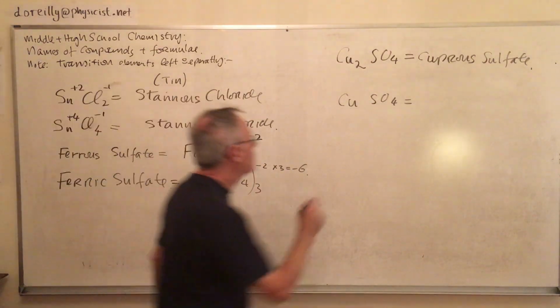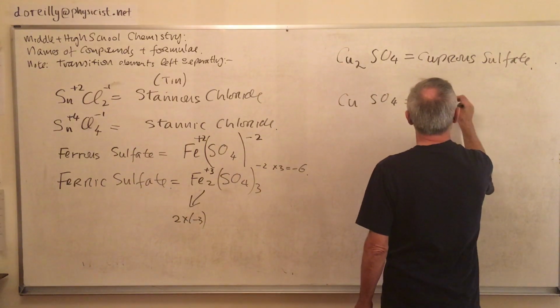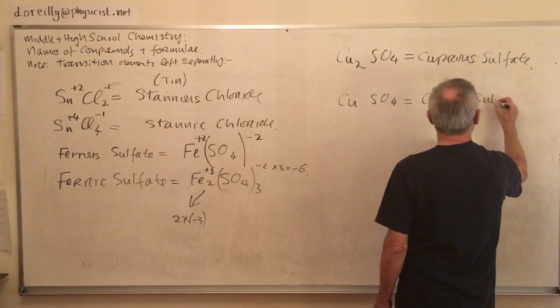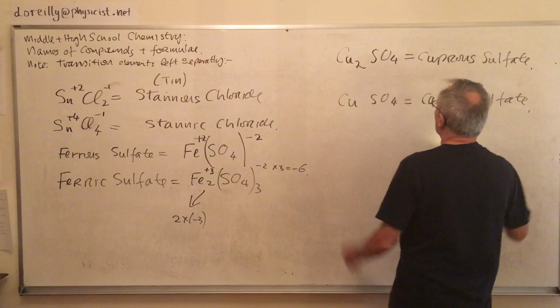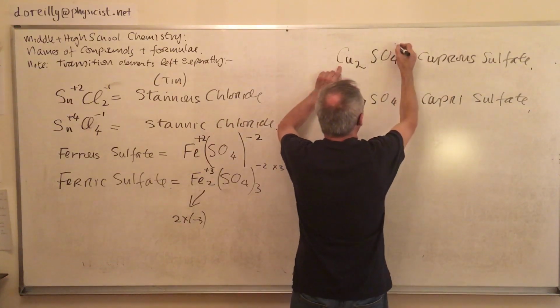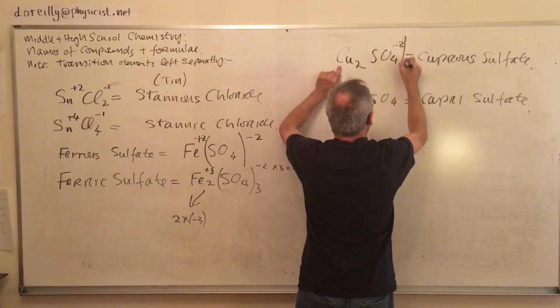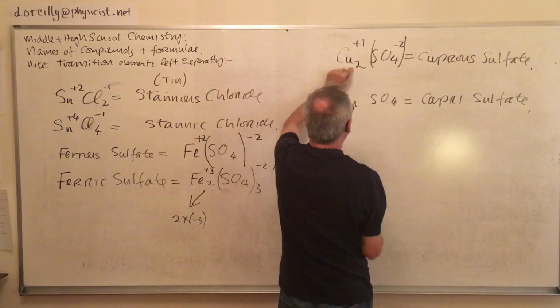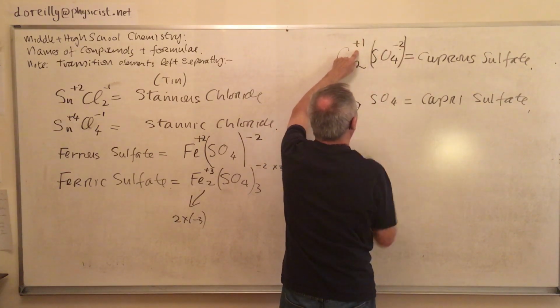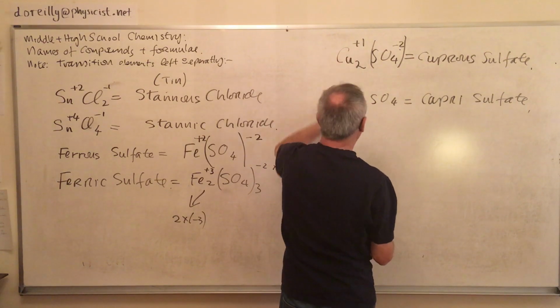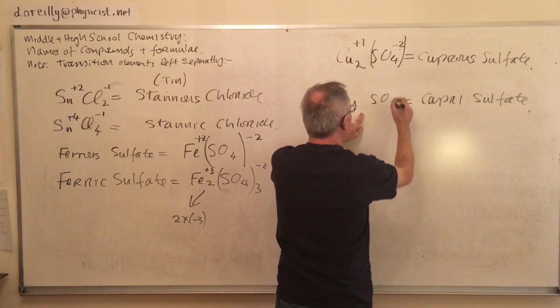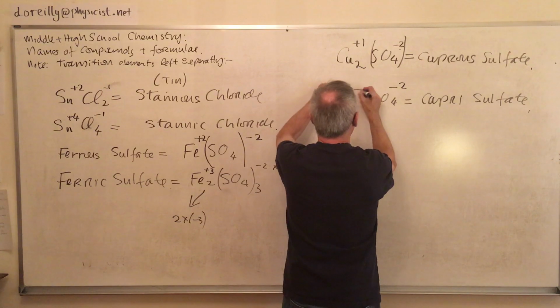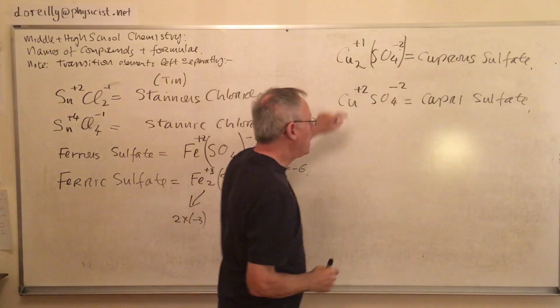Yeah, it's cupric. What's the valence of copper in this case if this is -2? And I have two of these. The answer is +1. Two +1s will neutralize -2. What's the valence of copper in this one? Remember, this is -2. This must be +2. Cupric sulfate.